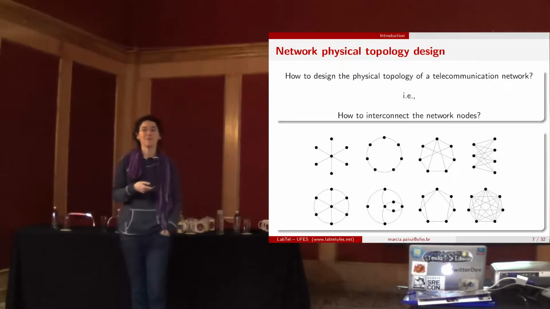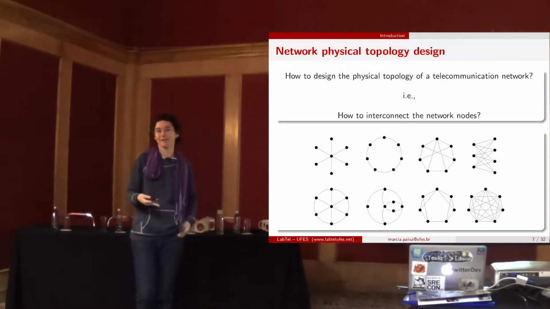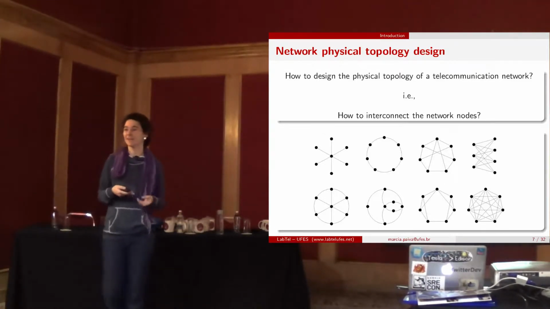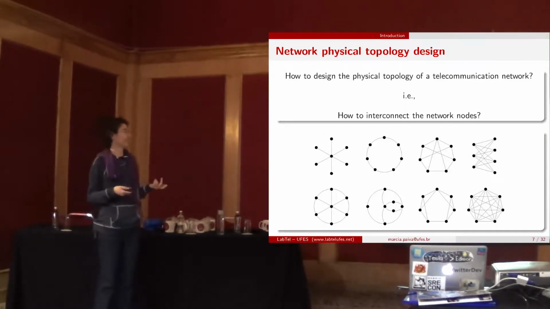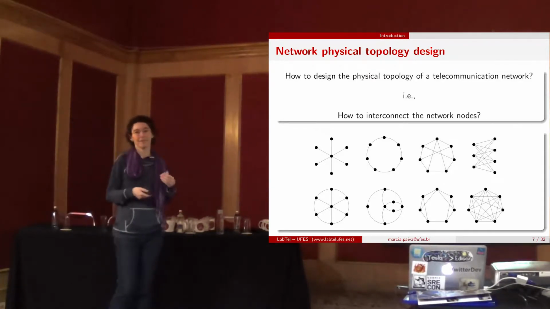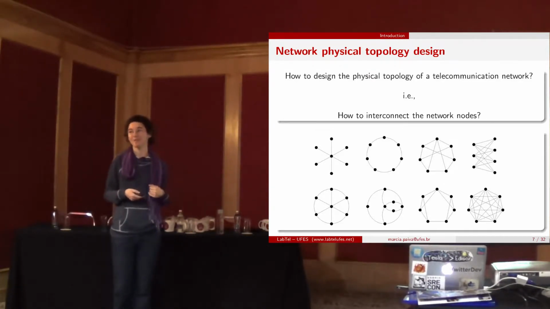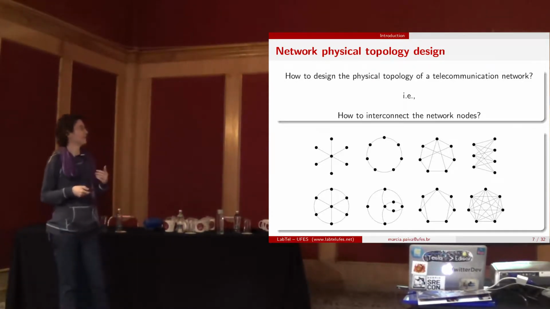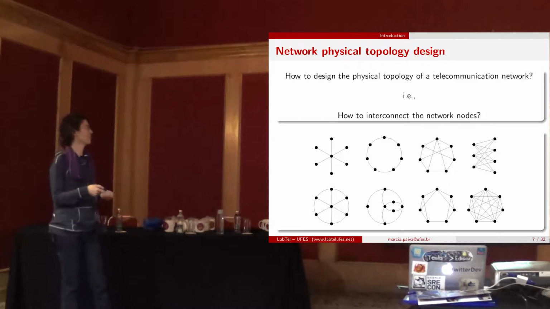So the problem is how we should do that if network requirements change according to the applications. For backbone networks, we have a set of constraints. For a data center network, we have a different set of constraints. So we should not necessarily interconnect the same number of nodes in the same way. And this is the problem of designing a physical network topology.